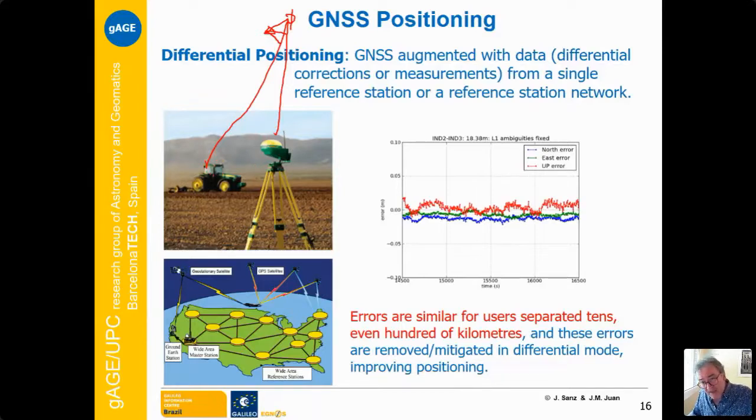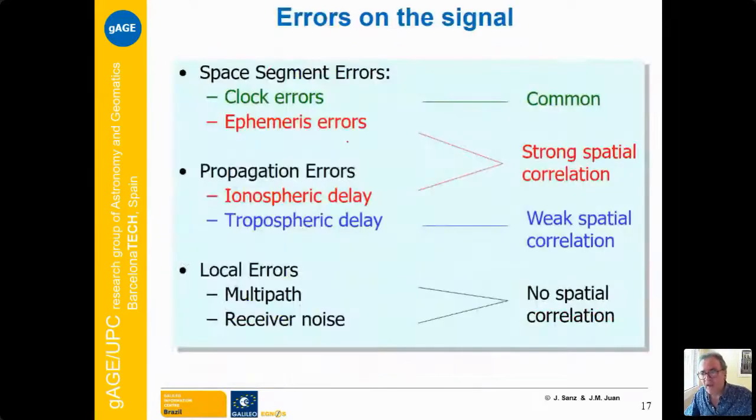But as the baseline, the distance between reference station and receiver, becomes large, this projection can vary, and then the projection can be different. Okay. Then there is a strong spatial correlation, but these errors are not fully common.